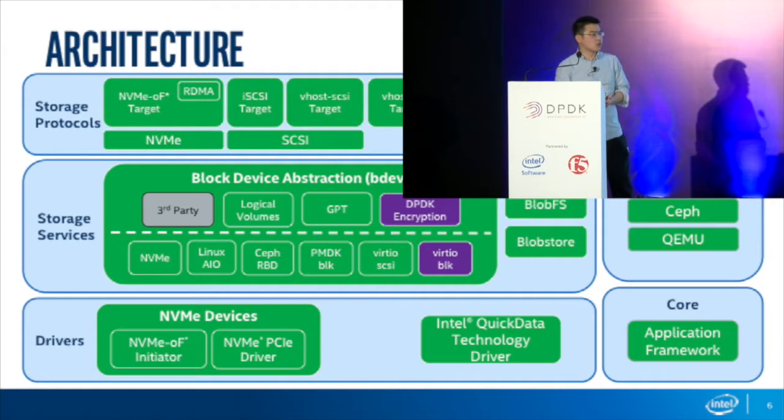Even that, we can also construct a vhost NVMe target. And here, in my presentation, I will pay more attention to the user space NVMe-oF target and initiator. And besides that, we have the following plans to integrate DPDK's encryption framework. We would also like to integrate Cinder or the VPP TCP/IP stack.